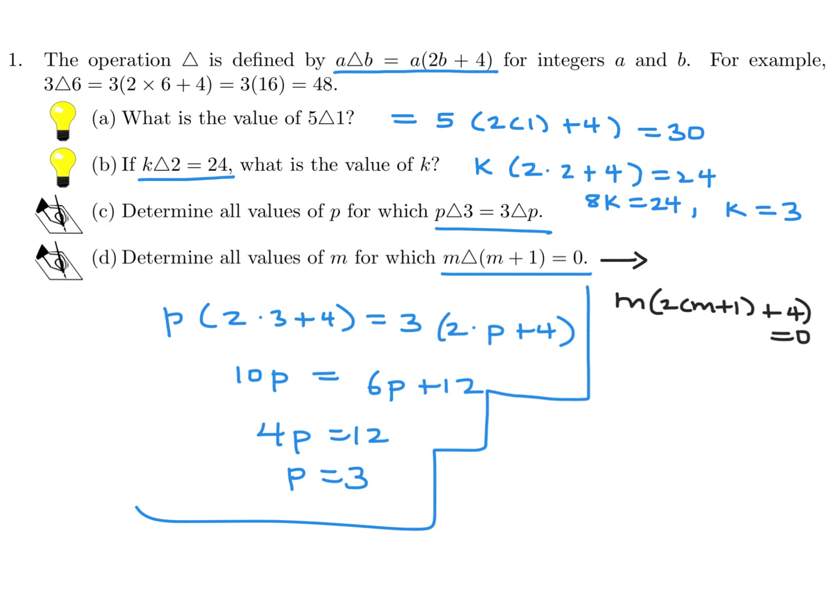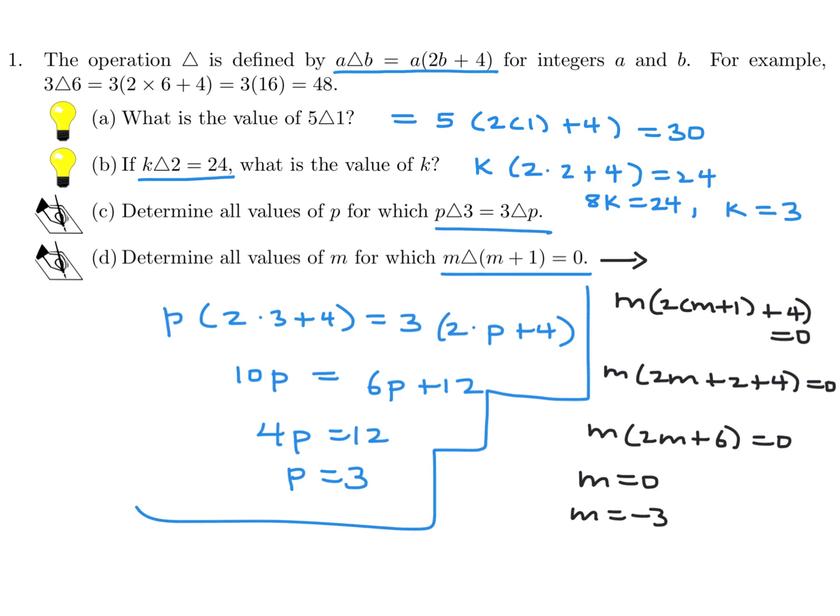So this looks to me like m times 2m plus 2 plus 4 is equal to 0. So that's going to be m times 2m plus 6, I believe. Okay, so I don't need to expand. I can just figure this out from the brackets that m is either 0 or m is equal to minus 3. And that is the completion of number 1.